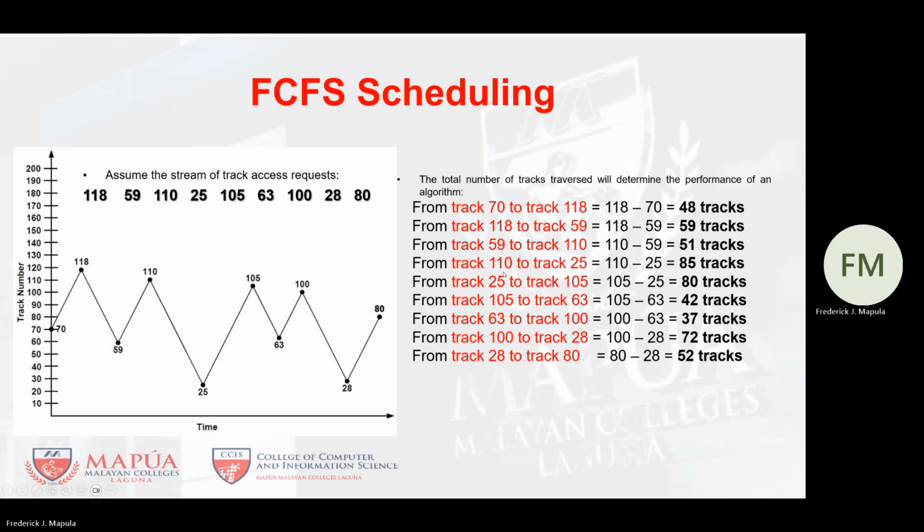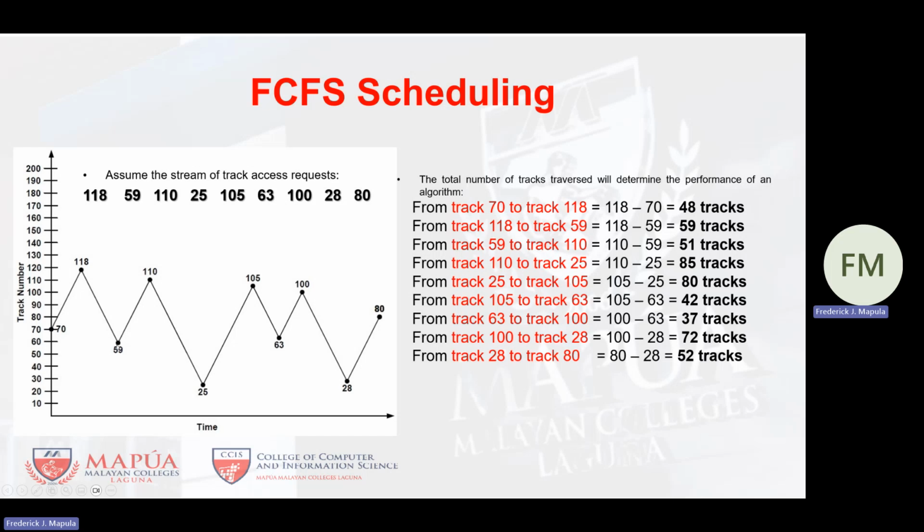So the total number of tracks traversed will determine the performance of an algorithm. So from track 70 to track 118, 118 minus 70 equals 48 tracks. Okay? And then likewise, going from 118 to 59, 118 minus 59 is equal to 59 tracks.